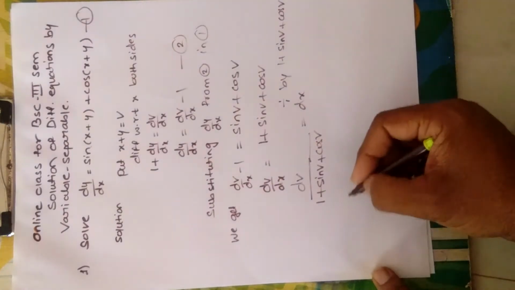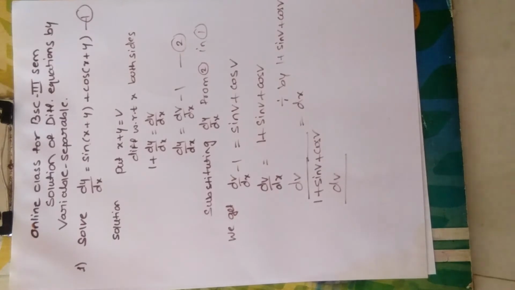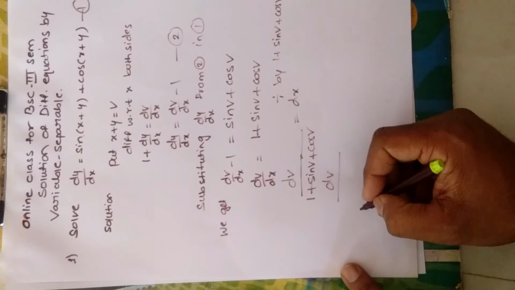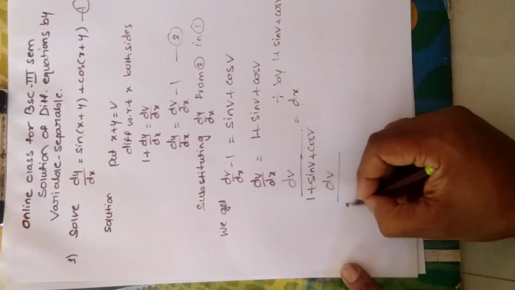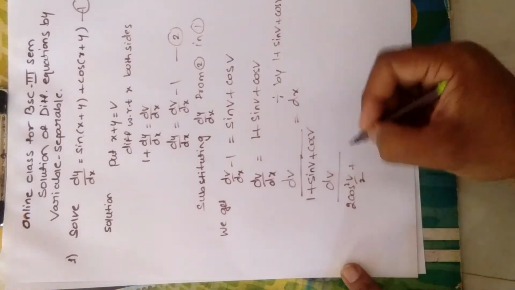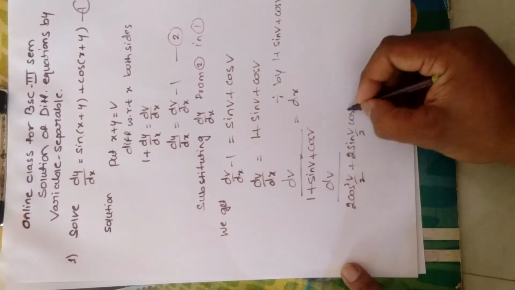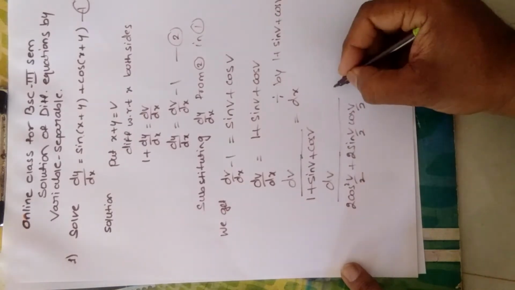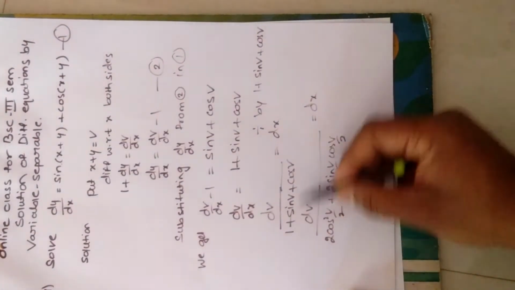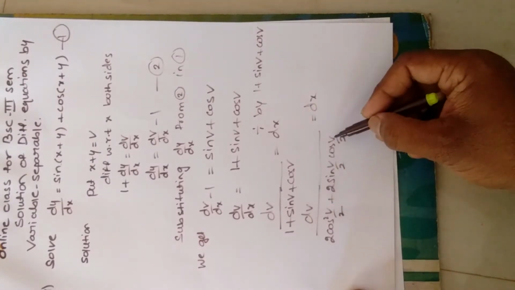So now this is dv divided by 1 + cos v + sin v equal to dx. Now by using the trigonometric formulas, 1 + cos v is 2 cos²(v/2), and sin v can be written as 2 sin(v/2) cos(v/2), right?